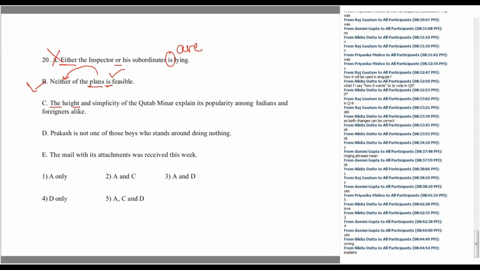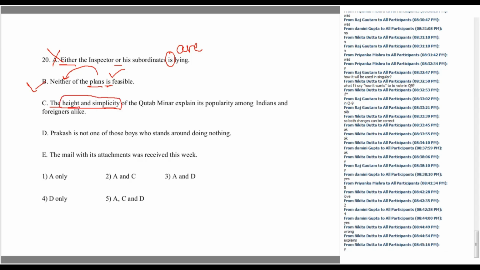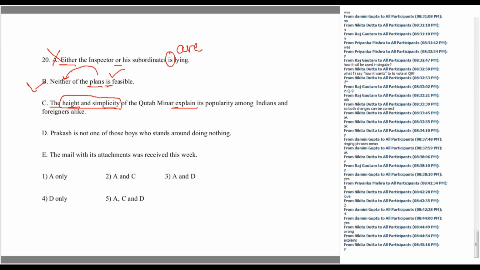The height and simplicity. There is no article before simplicity, so it becomes one entity. Explains. Yes, correct. So this is wrong. The height and simplicity becomes one entity because the article is just before the first one. It becomes one singular. That is why it should be a singular verb. Explains.